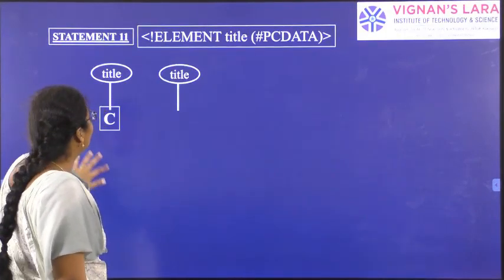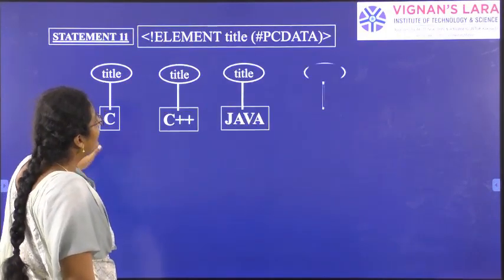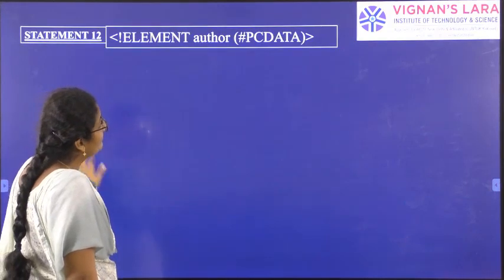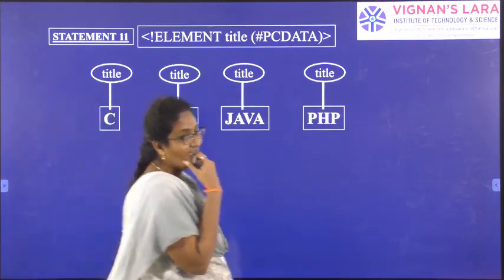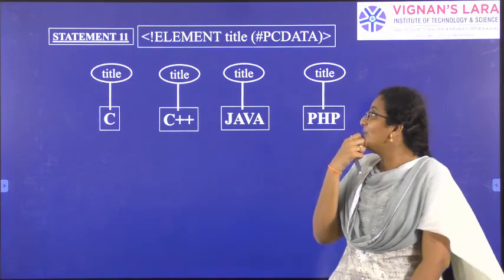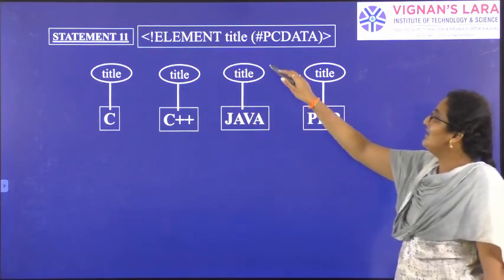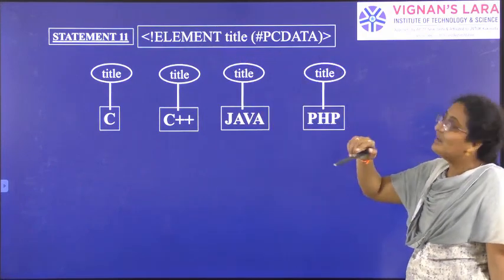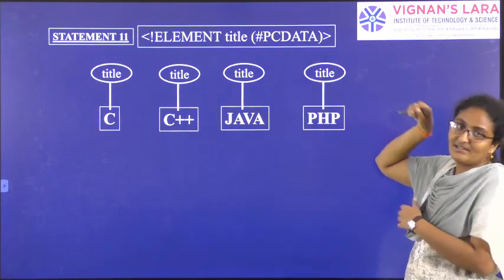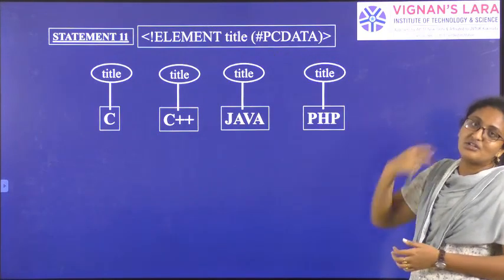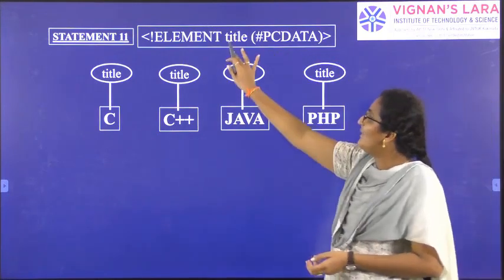And finally we are into data. So this is the data regarding title. What is the statement? Element title, and we have parameters some data. So hash PCDATA means that during execution you can give some data. So the element is title.